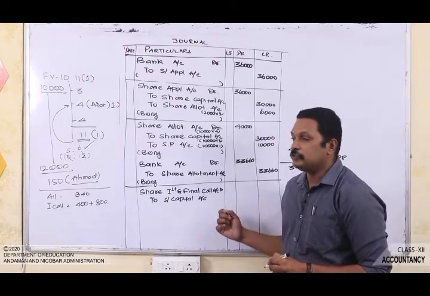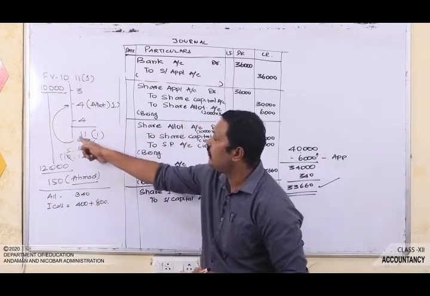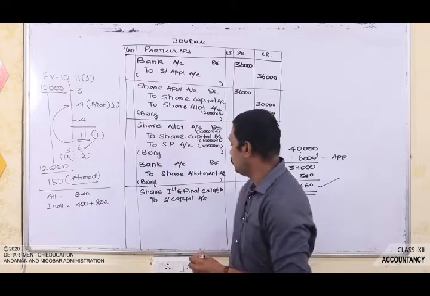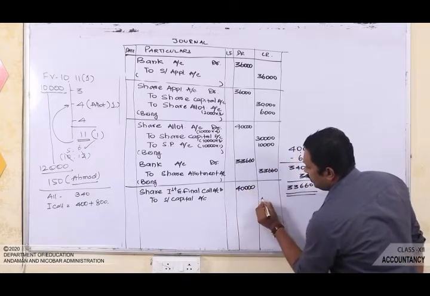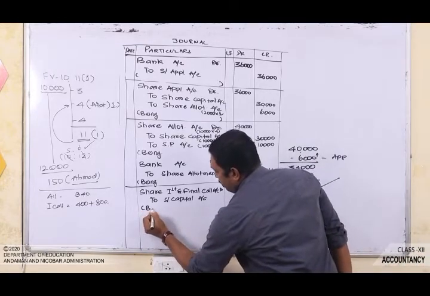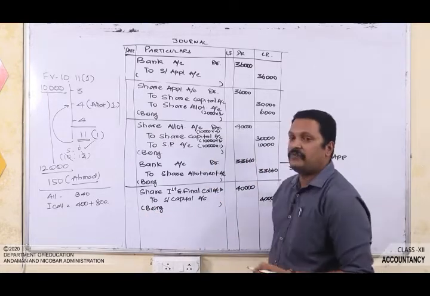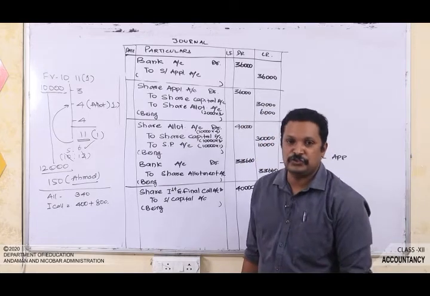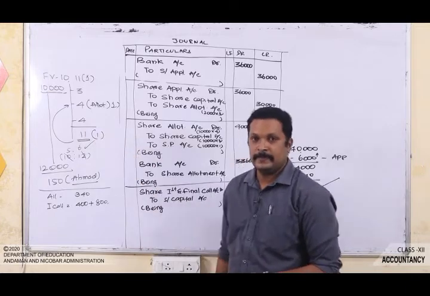How to write the amount? Just multiply shares issued with the first call amount. 10,000 into 4, that is 40,000. So write the narration. Being first and final call money due on 10,000 shares at the rate of 4 each.